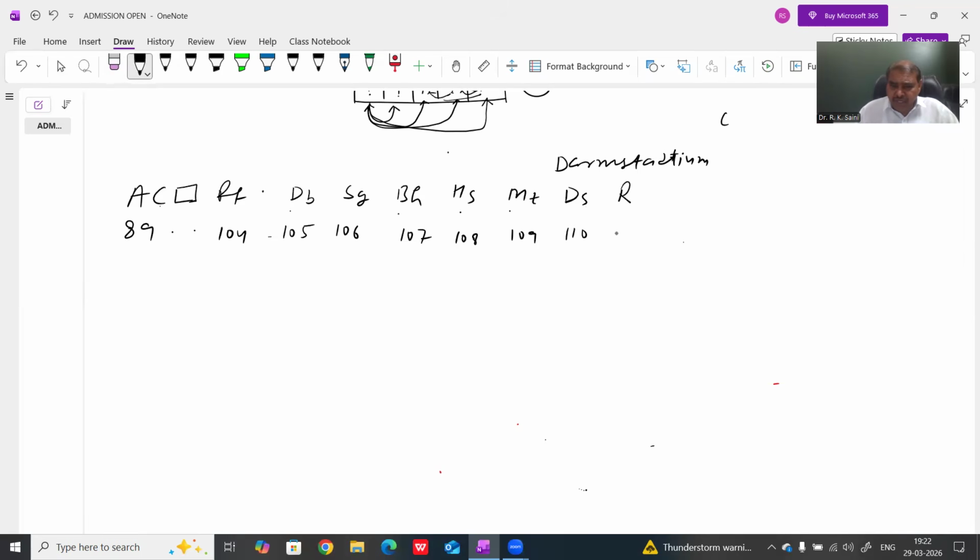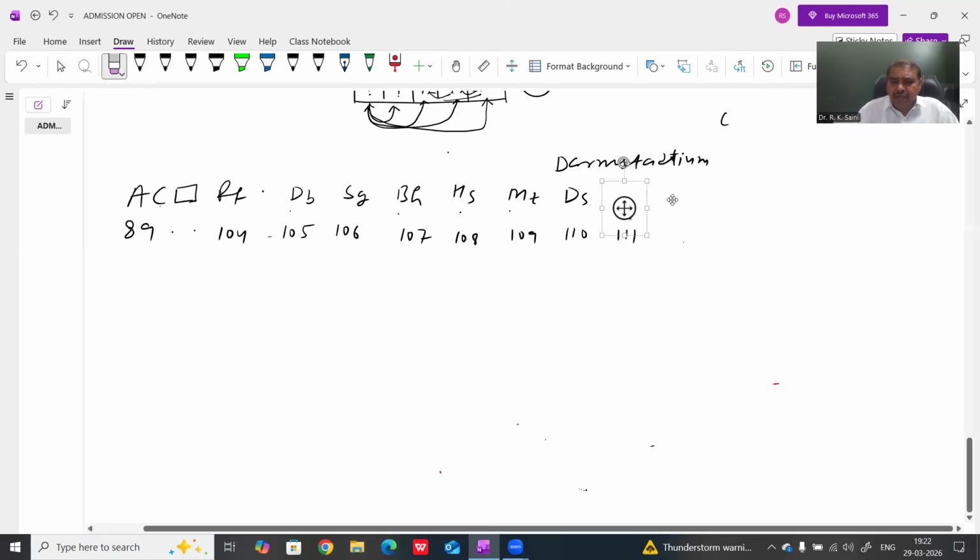Next element is 111, denoted by Rg, and their IUPAC name is roentgenium.